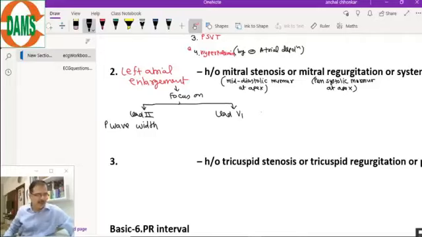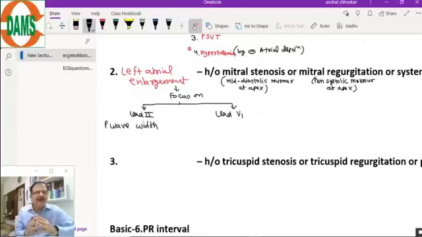All right, is it clear? Okay, fine. So the second abnormality of the P wave is due to left atrial enlargement.